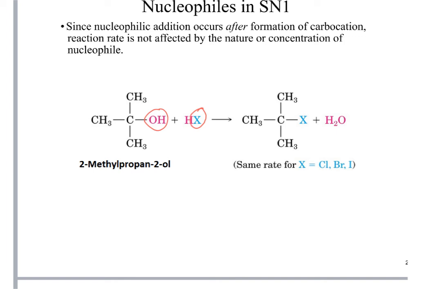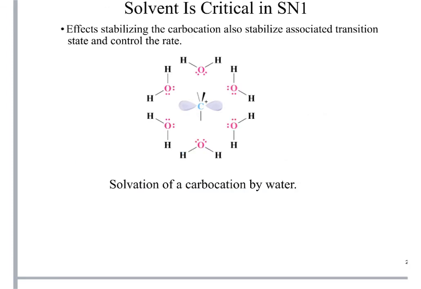So we're just looking at the degree of substitution, the nature of the alkyl halide, the type of the leaving group, and the solvent. Solvent plays a critical role in SN1, just like it was the case in SN2 reaction. Here we're looking for opposite properties, whereas for SN2 we were looking for solvent that is polar but aprotic, solvent that couldn't donate hydrogen bonds.